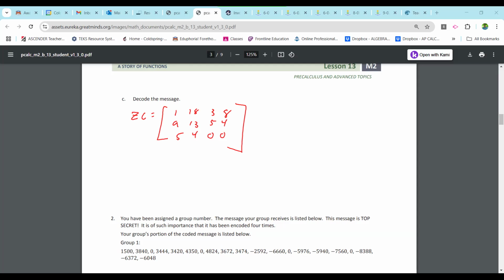And so 1 represents A, 18 represents R, and then C, and then H, I, M, E, D. Oh, that's a B. D, E, S, and then space, space. So that tells me there's just one word, which is Archimedes.